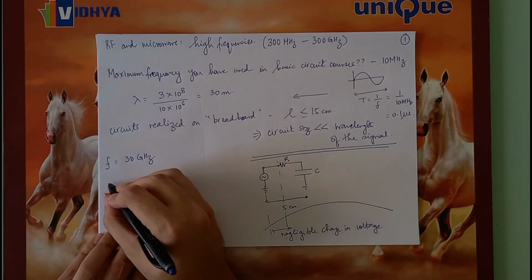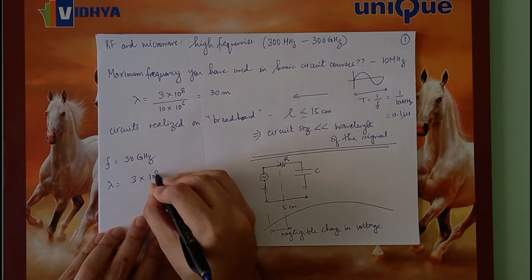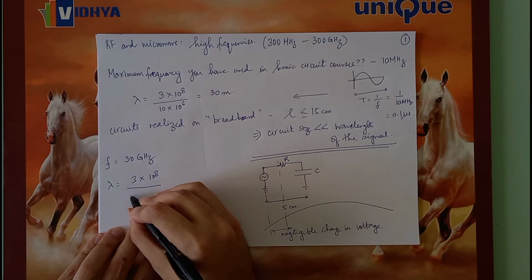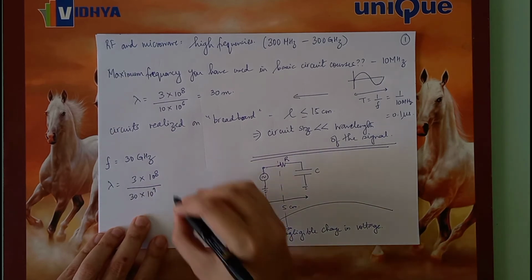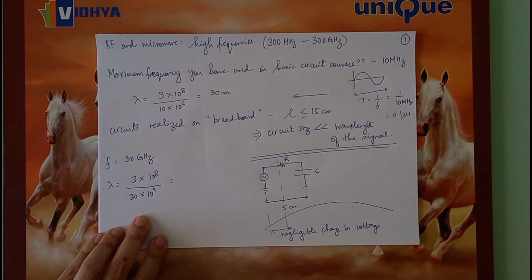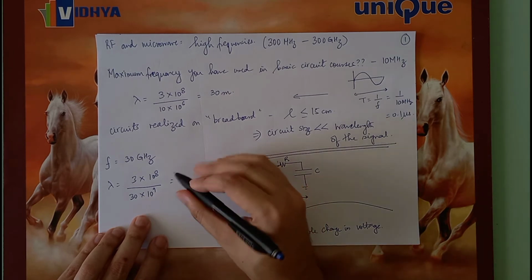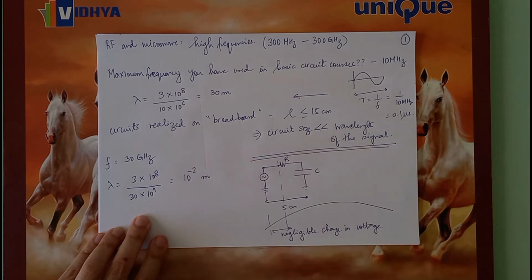So in that case, the wavelength will be how much? 3 into 10 raised to power 8 divided by 30 into 10 raised to power 9. So this would make it 10 raised to power minus 2 meters.